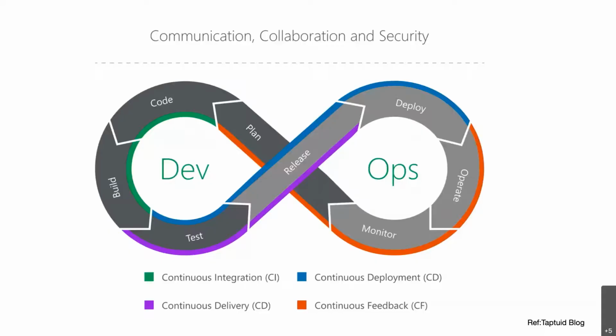So what's really happening is, I love how this looks like a DevOps infinity model, because that's truly what it is. When you're doing a project in software engineering, you are continuously building, planning, integrating, deploying, delivering, and having the feedback mechanism. And this tight integration requires a lot of collaboration across teams.